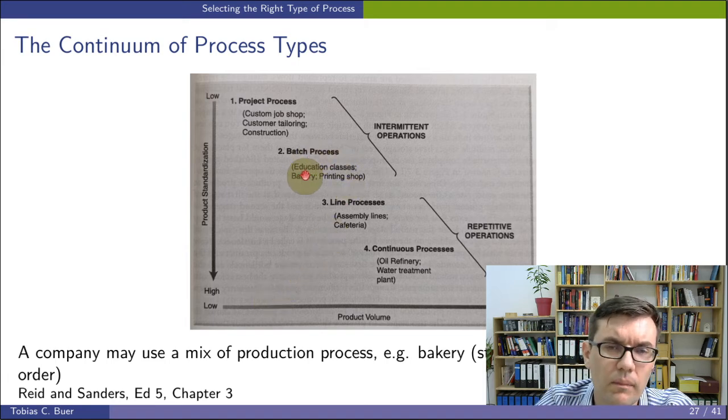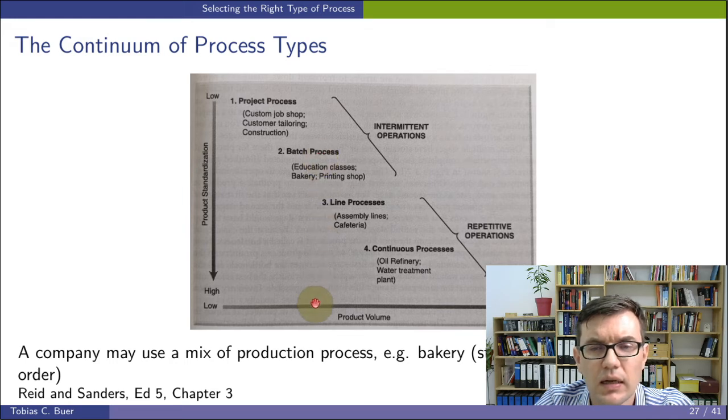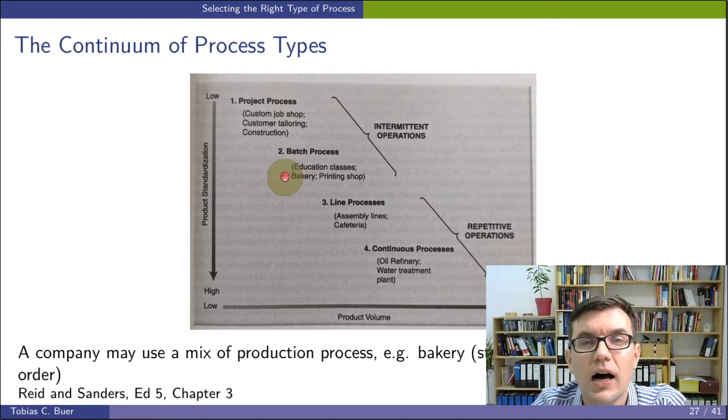Second, batch processes. In batch processes, we have a slightly higher degree of standardization and a slightly higher product output volume. And one example that they give here is education classes. For example, in a class, it can be considered as a batch production process. So you as a student are the product that is produced. We put knowledge and skills inside you so that you can help Oman and the world to become a better place.